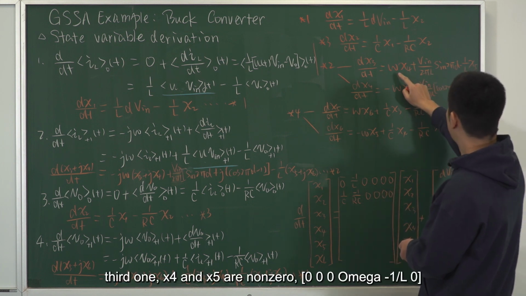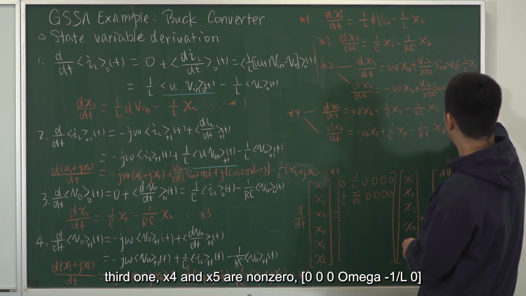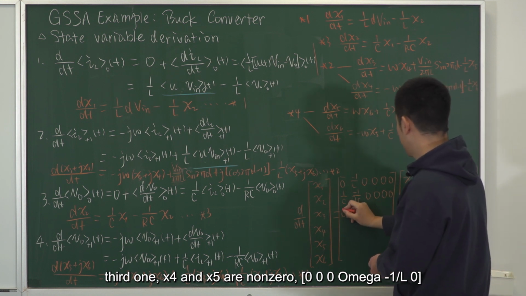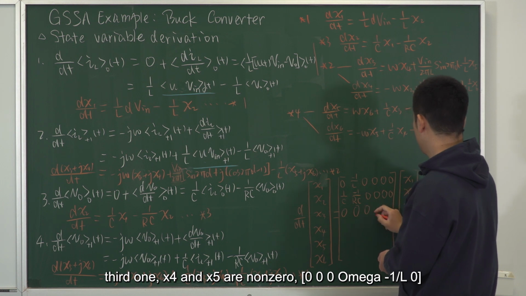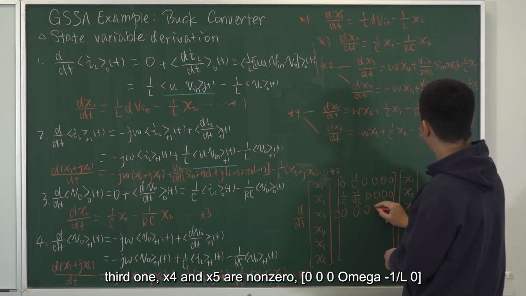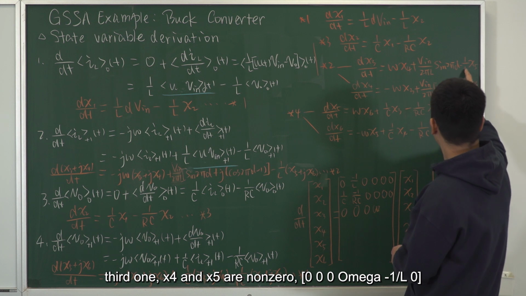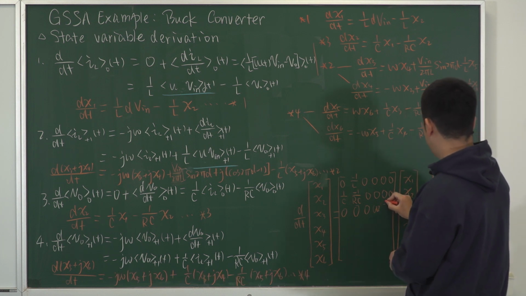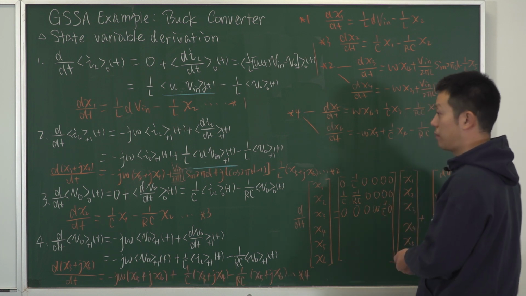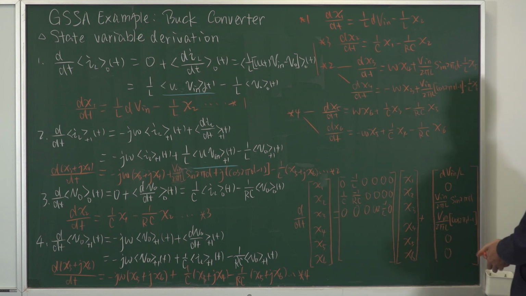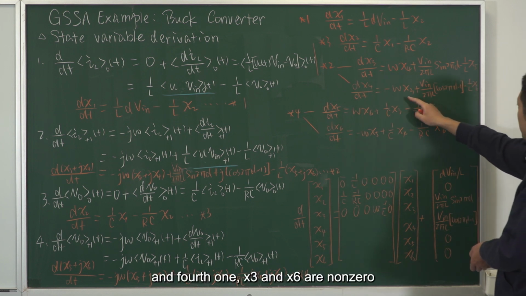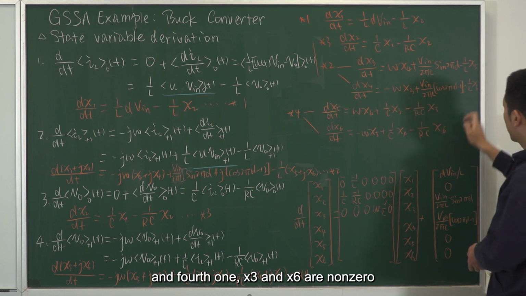Third one, x4 and x5 are non-zero. Omega, minus 1 over L. And fourth one, x3 and x6 are non-zero.